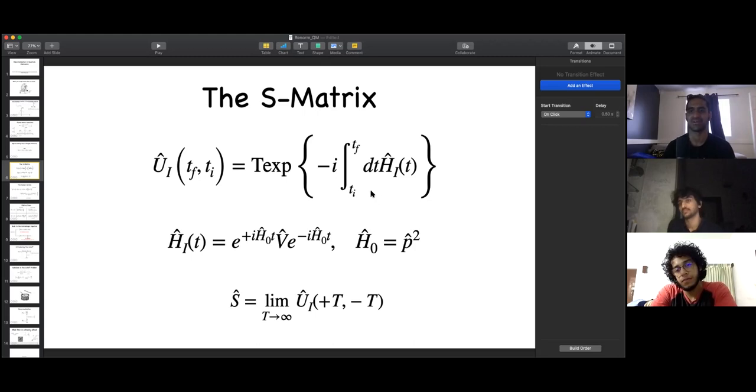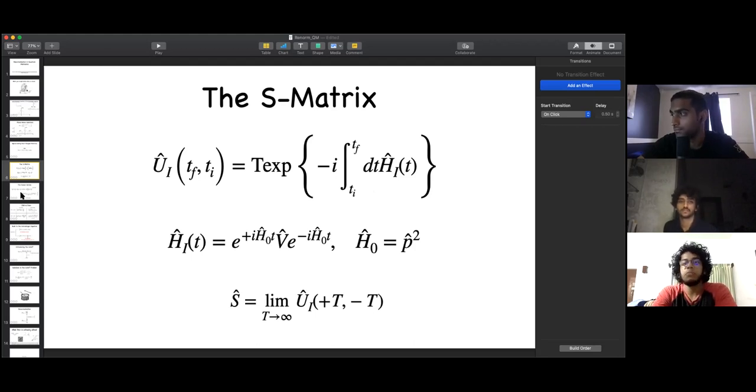So your H naught is not just the kinetic term now. It's also the Coulombic part of the potential, because that's long-ranged. It just won't die out. That has led to some very interesting developments recently in the study of quantum field theory. These are called infrared issues.